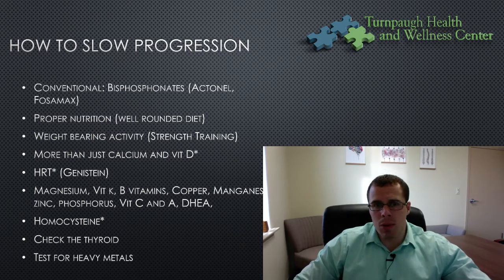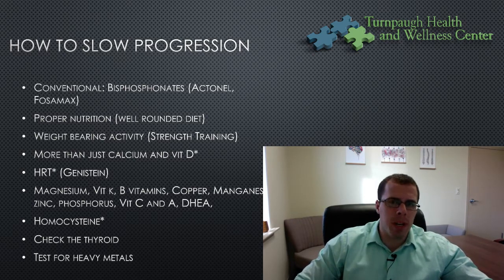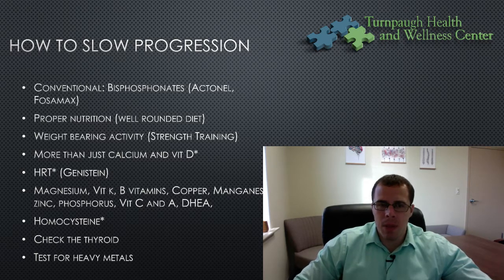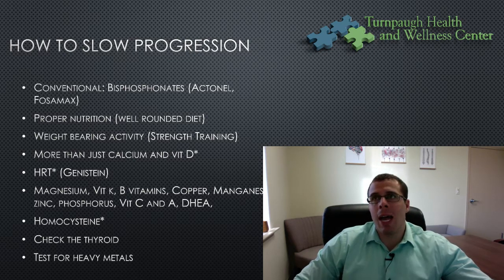Keeping adequate protein intake, so anywhere from 0.8 gram to 1 gram per kilogram of body weight is a pretty good ratio for protein intake. We want to make sure that we're keeping a very high antioxidant and well-rounded diet here.